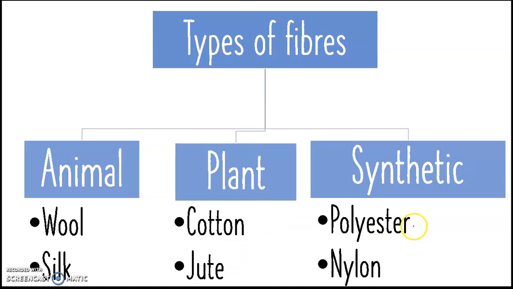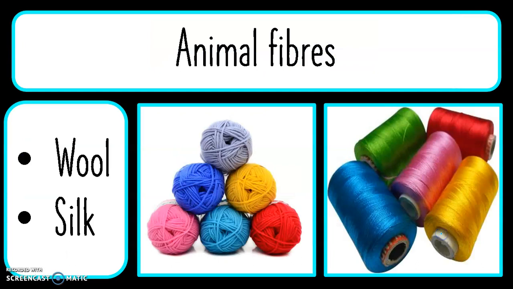In synthetic fibers, there is polyester and nylon. In this chapter, we're going to talk about the animal fibers only, that are wool and silk. There are many other animal fibers as well, but in this chapter, we're going to focus on wool and silk only.